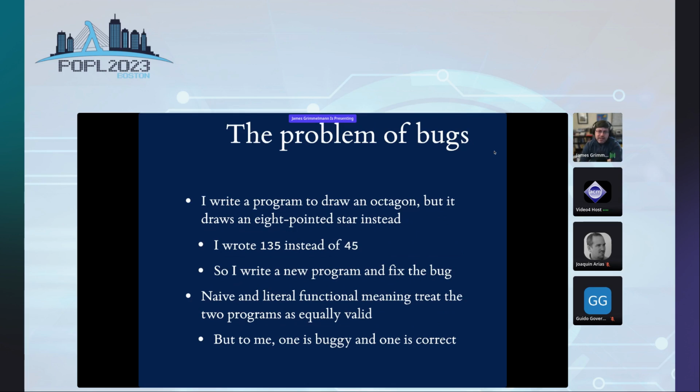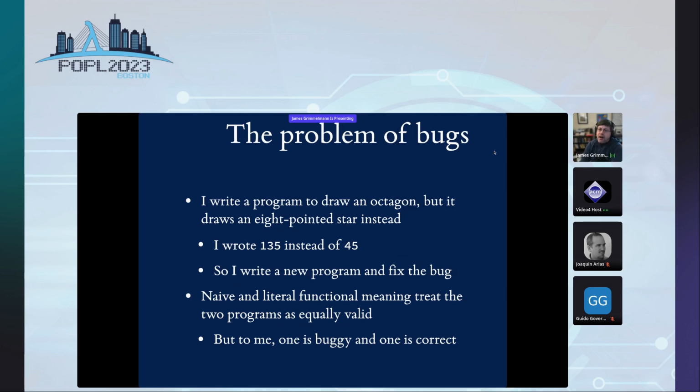And the most significant gap that literal functional meaning still leaves open is the problem of buggy software. So suppose that I write a program that draws octagons, and when it's run, it draws 8-pointed stars again. I start debugging, I look at my source code, and I realize that I wrote 135 rather than 45 for the angle.